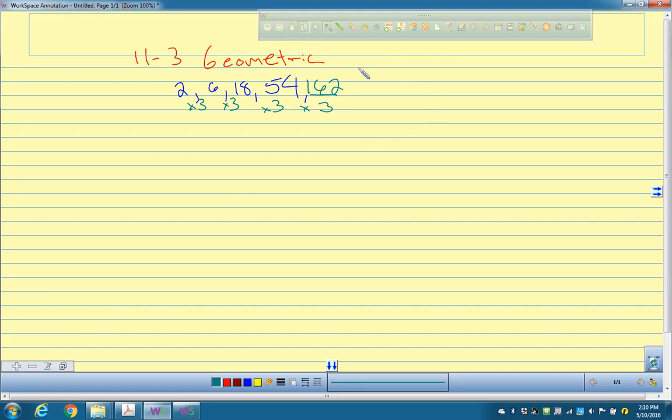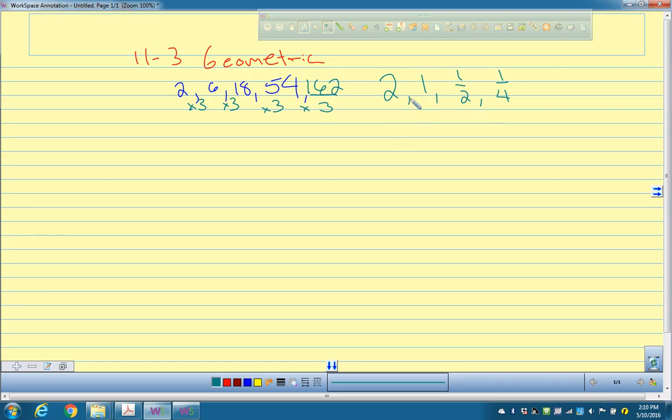Here's another type of geometric sequence. What if I had one like this: 2, 1, 0.5? What would come next? 1/4. What am I doing to the previous term? Multiplying by 0.5 or by 1/2, or you can say it's dividing by 2.